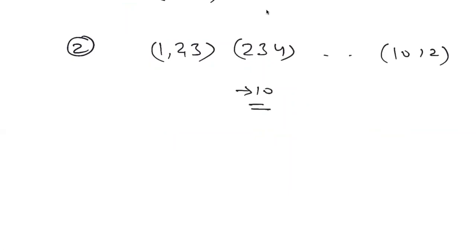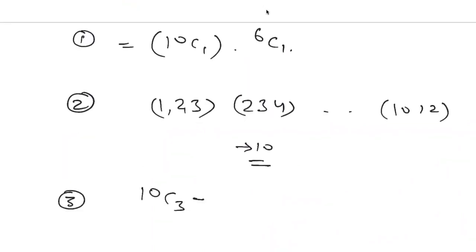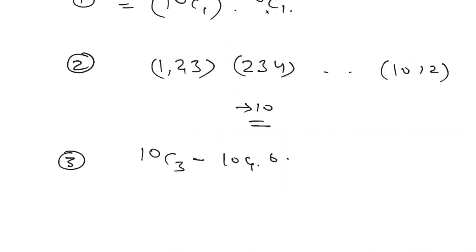So I can say total number of options will be 10 in this case. Third case, total number of triangles will be 10C3. Out of these, 10C1 into 6C1 when one side is common, and 10 for two sides are common. So 100% this is the answer for no side is common to the side of decagon, right?